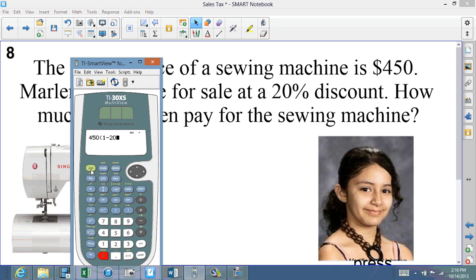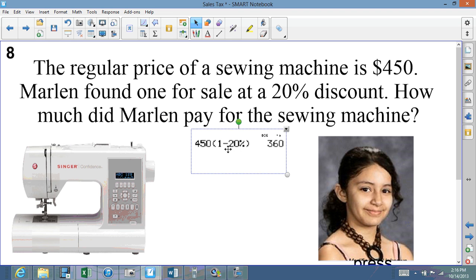Second, left parenthesis, close it. And this is going to give us the total cost for the sewing machine. $360 will be the total cost of the sewing machine. So that's how much Marlon's going to have to pay.